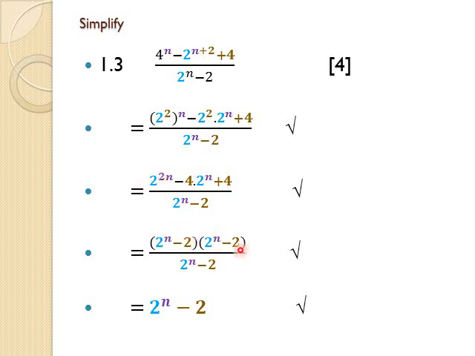Negative 2 times negative 2 will give me plus 4, but minus 2, 2 to the power n, and minus 2, 2 to the power n would give me minus 4, 2 to the power n. That is the same, so therefore those two cancel, and I'm left with 2 to the power n minus 2.